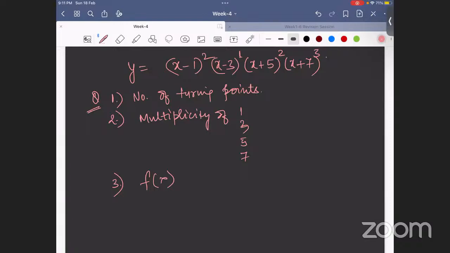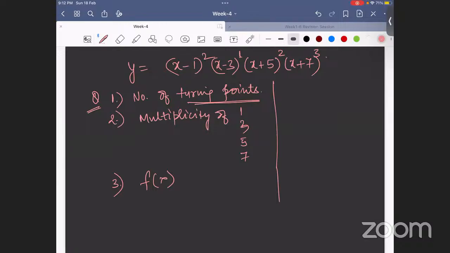So to get the number of turning points, or there can be questions. See, the question that I'm discussing is the most important part of this week. Almost similar questions can be asked in a paper also.